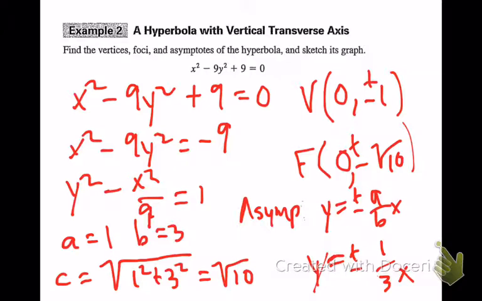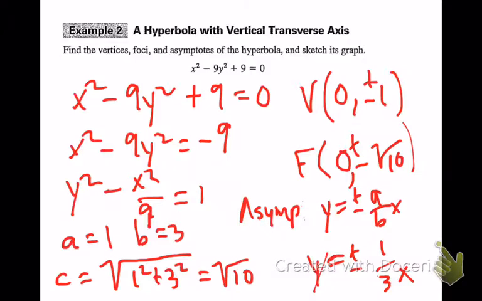Oh, I said it wrong. It's not that a is greater than b. They're both greater than 0. Either one can be larger, it doesn't matter the size. It's just that if the y squared comes first, then it's going to open up or down. If the x squared comes first, it opens right or left. So, yes, I said that wrong.